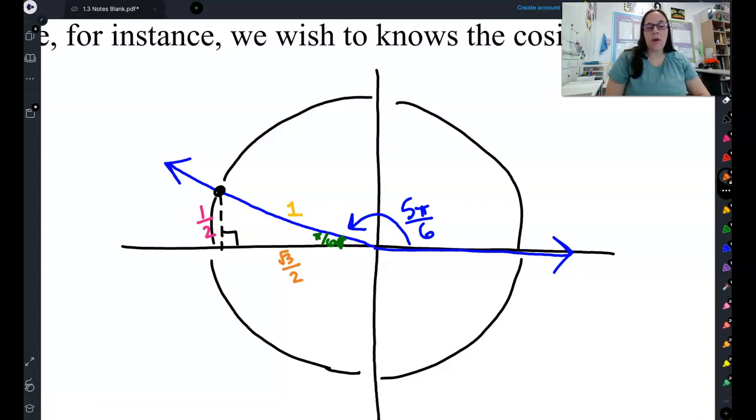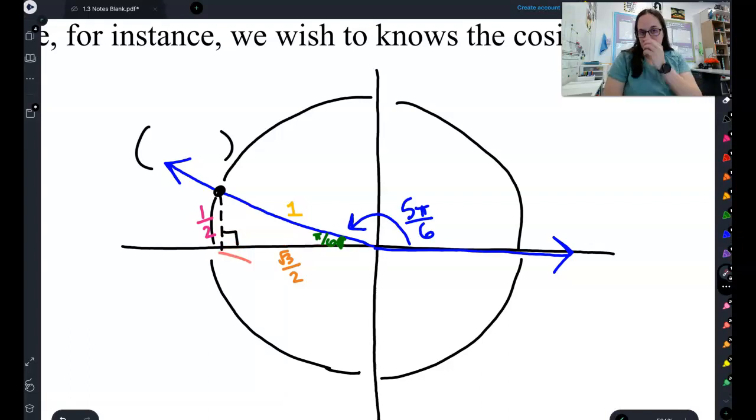However, the only difference I have this time is that when I'm listing my point, notice that I'm going over, so x is now negative. Because I'm in quadrant 2, my x values are negative, my y values are positive. So x is negative √3/2.